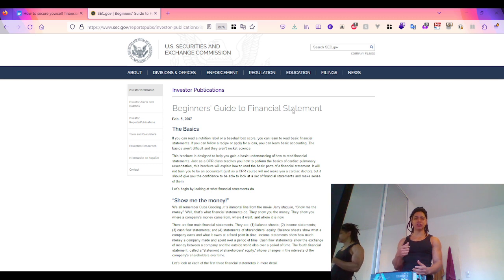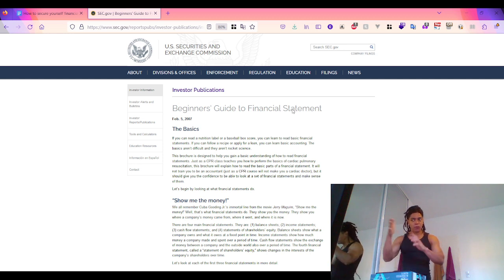Then commercial paper, which is risky, unsecured corporate debt, repos, which are very short-term securities, government securities, and U.S. Treasury bills, which are very short-term debt issued by governments.